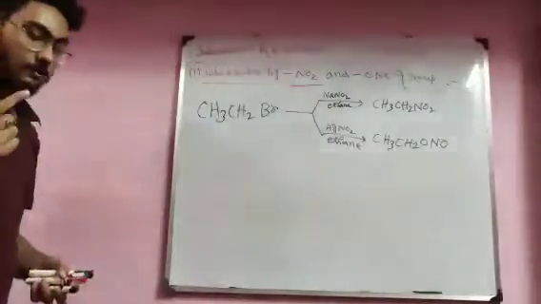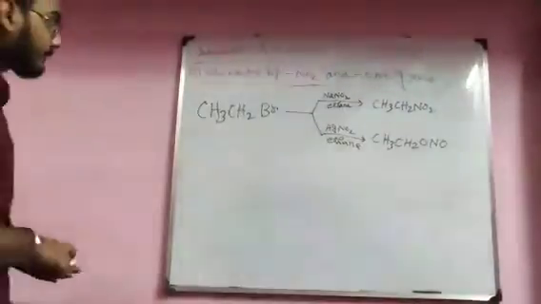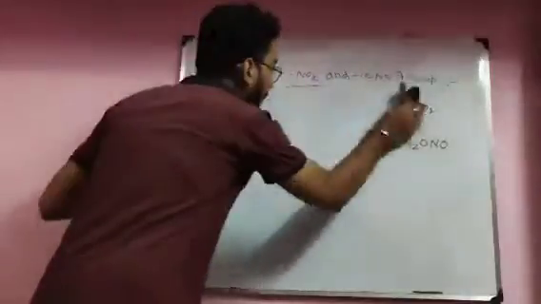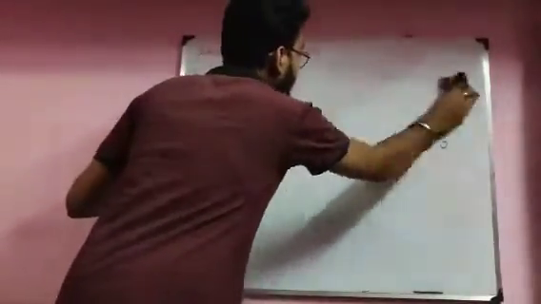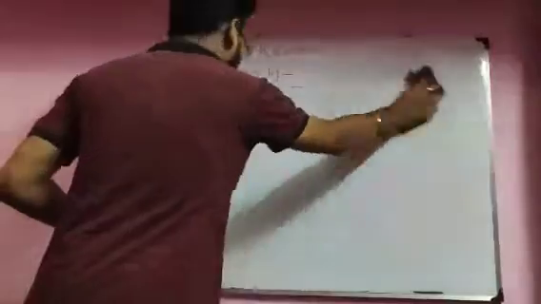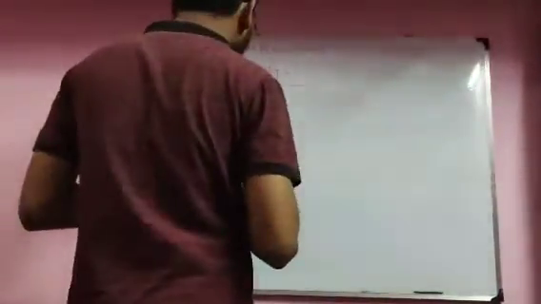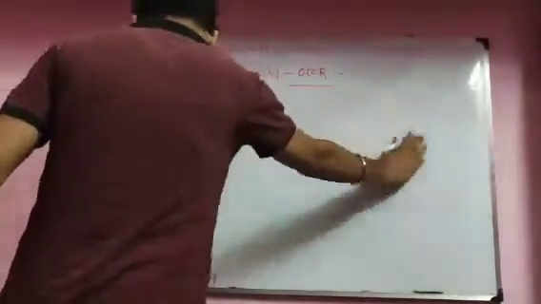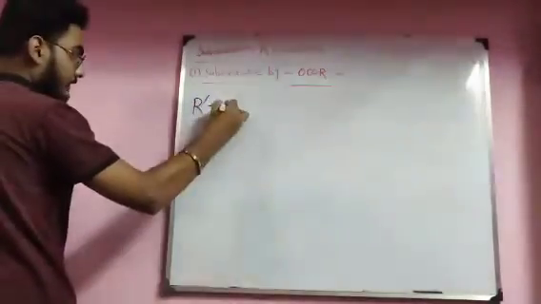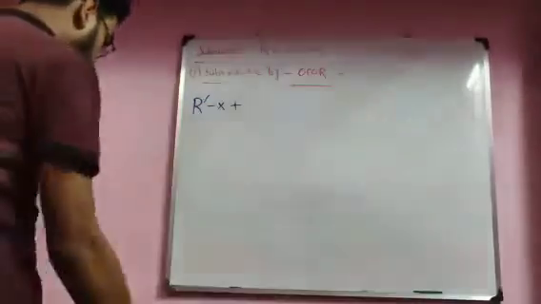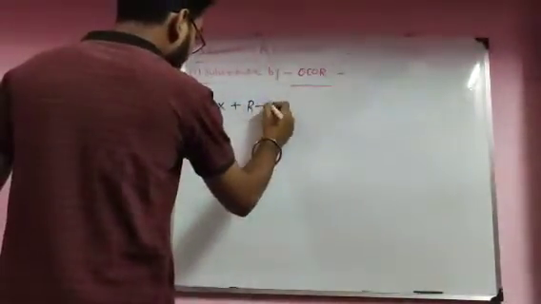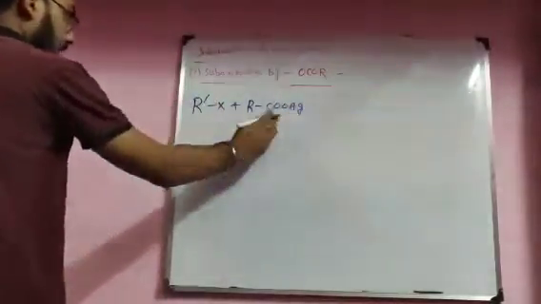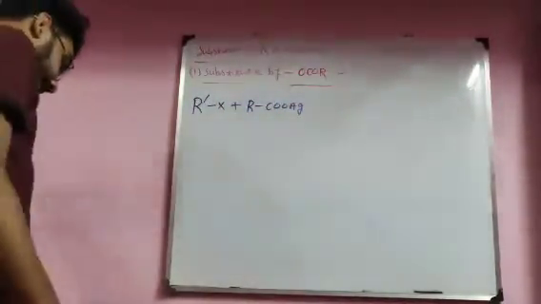Next is substitution by the OCOR group. The reaction is: this is an alkyl halide plus silver acetate.